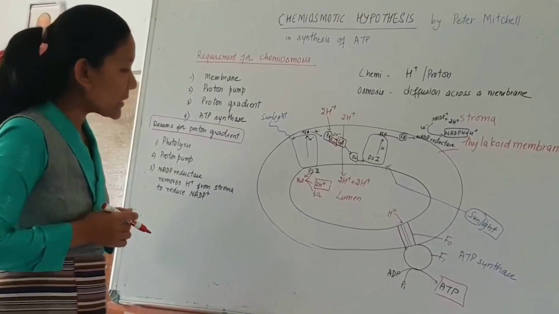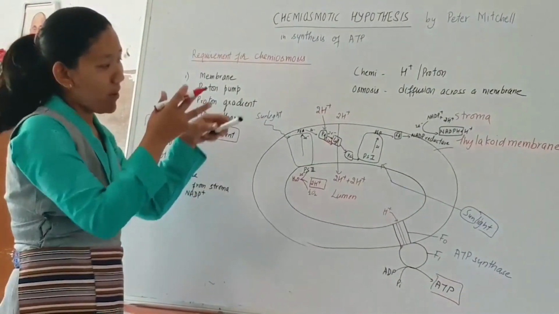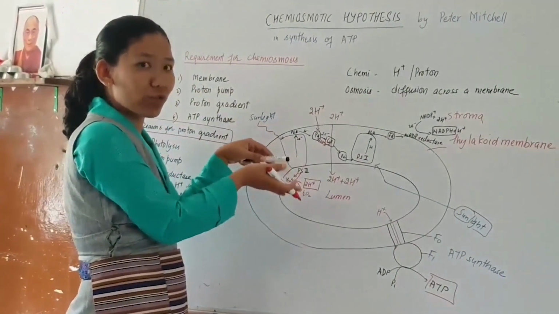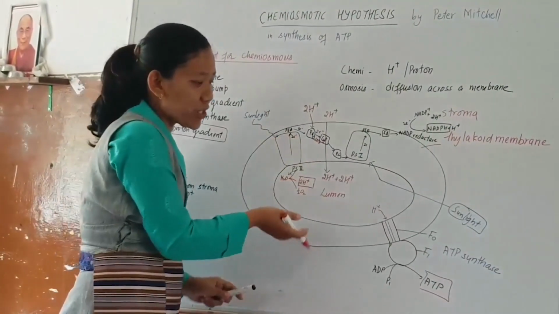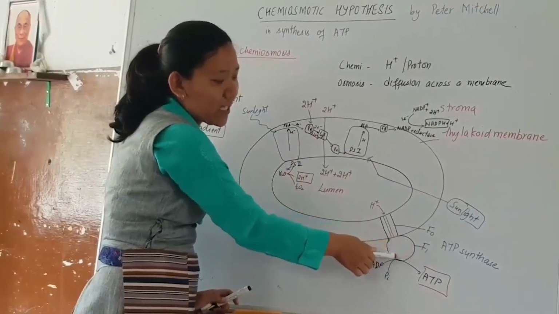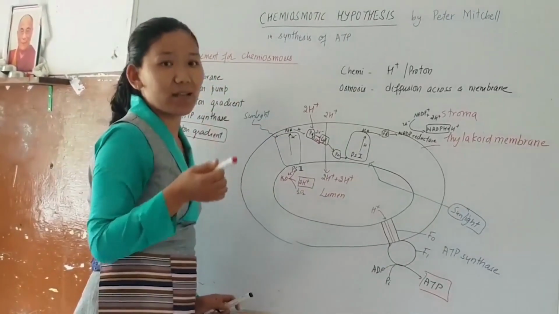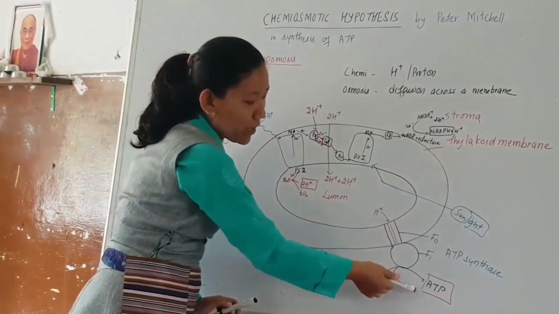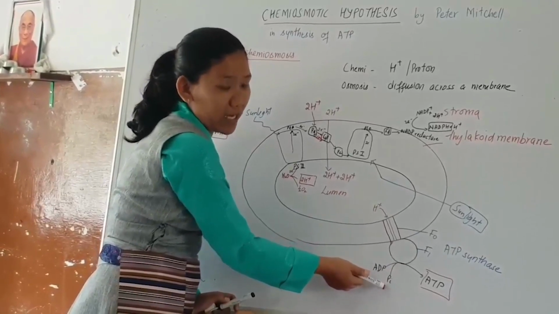So ATP synthesis is mainly because of the proton gradient, and when this proton gradient is broken, they create an energy, and that energy activates the activity of this ATPase, and this ATPase is an enzyme which catalyzes the synthesis of ATP from a raw material. There is ADP and Pi.